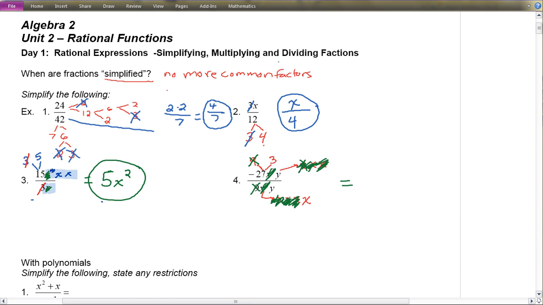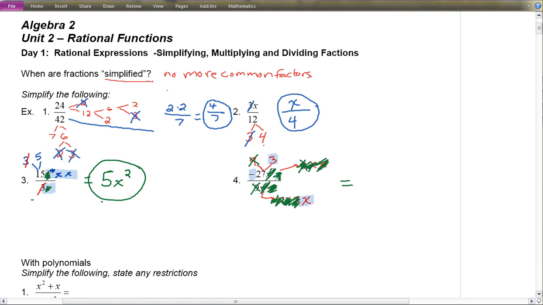We just have this negative that's in the front. Okay, so that negative, this 3, and everything else canceled out. Now this x is left on the bottom, and then we have these y's. Well, this y on top cancels out with the y on the bottom.